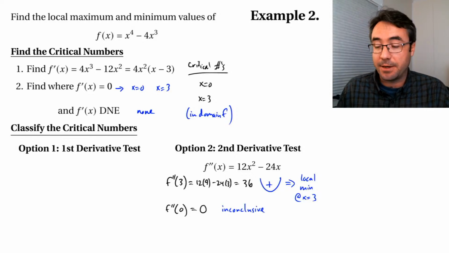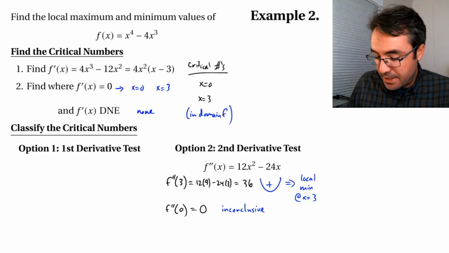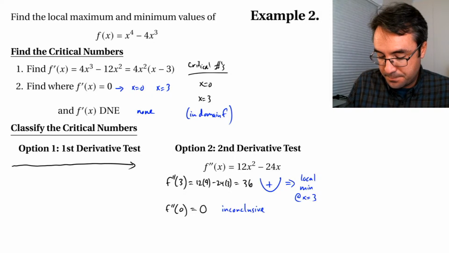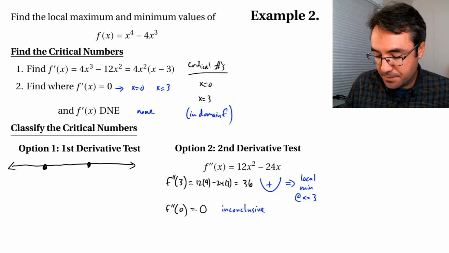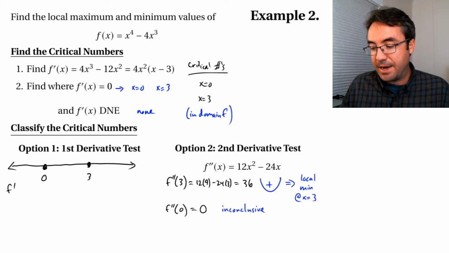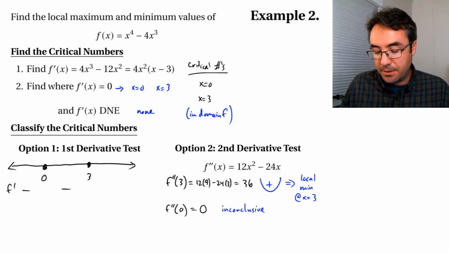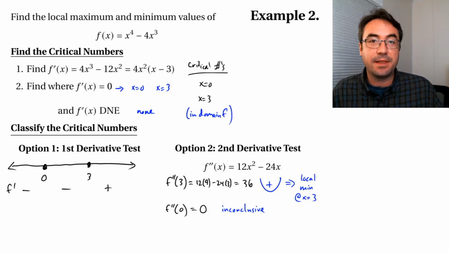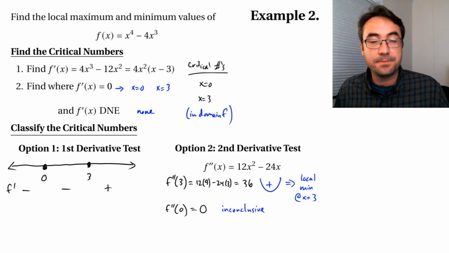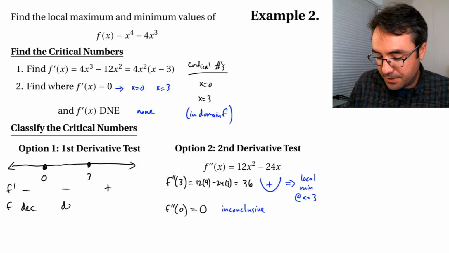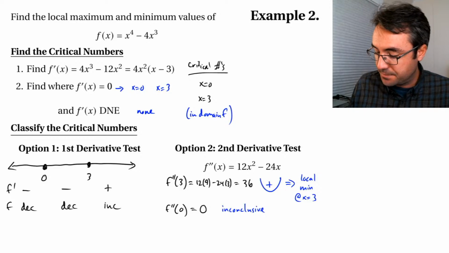and see what's actually happening there. And so we did our sign chart for this function when we talked about intervals of increase, decrease. And so what we found was that f prime was negative on the first interval and the middle interval, and then it was positive on that last interval, which means f is decreasing, decreasing, and increasing.